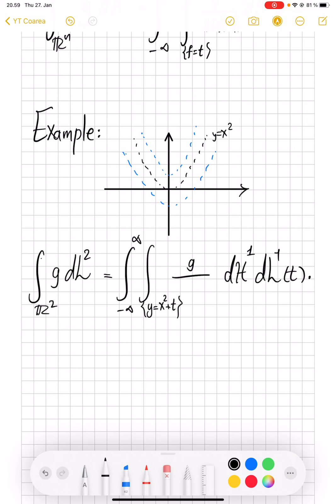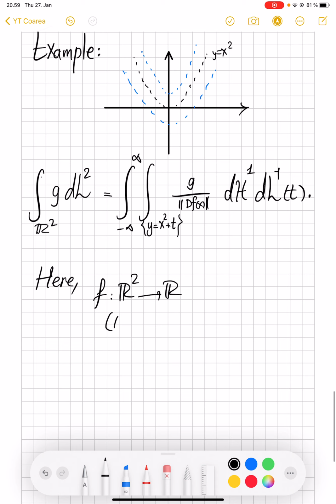So g over df of x. But what is this df of x in this example? Here, f going from R2 into R, whose fibers are these parabolas, is taking (x,y) to the value y minus x squared. That's it. So f equal t is exactly this set here.